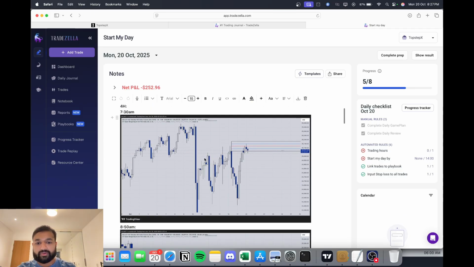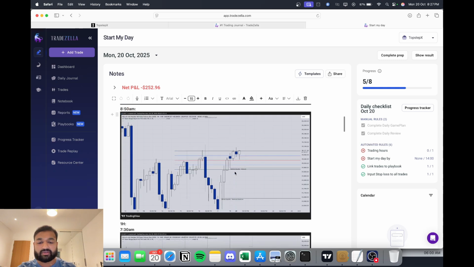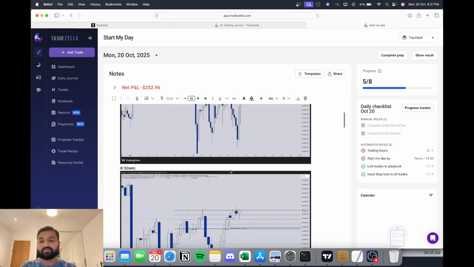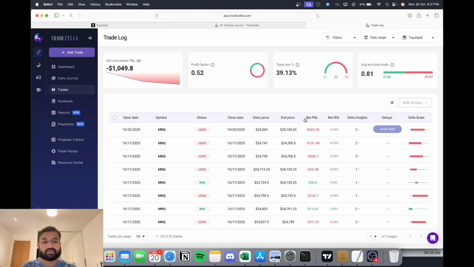This is the 4-hour at 7:30, and this is how the daily looked. Sorry, this is the 4-hour at 8:50. So after my first trade, I'll do a trade review. This is the trade I took.